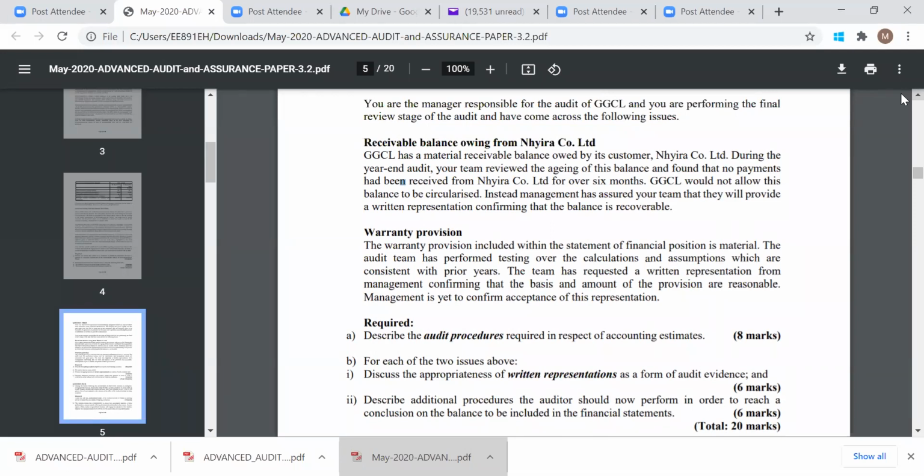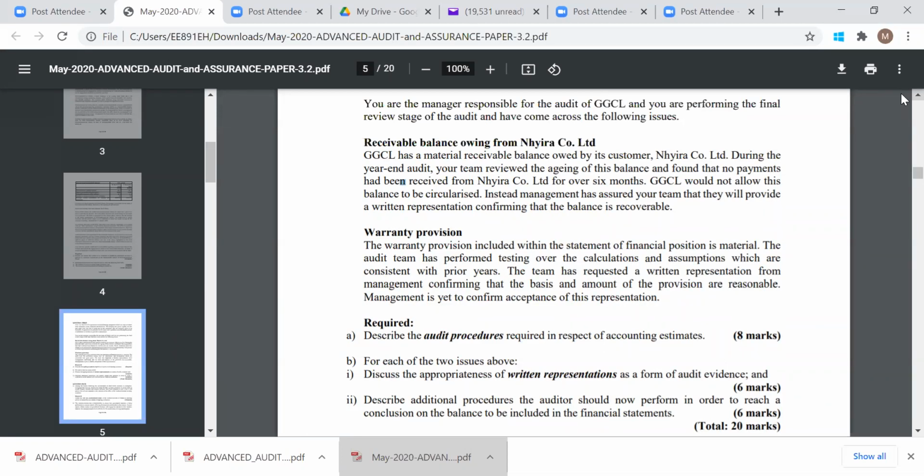Here it's appropriate because it helps you to verify valuation, the value of the receivable balance. You are valuing the receivable balance, so it helps you in that regard. That's one.